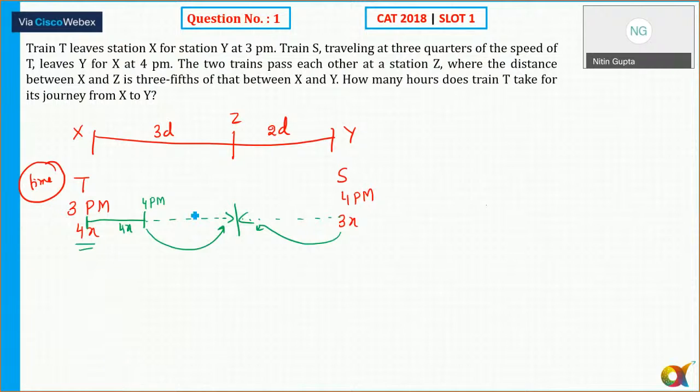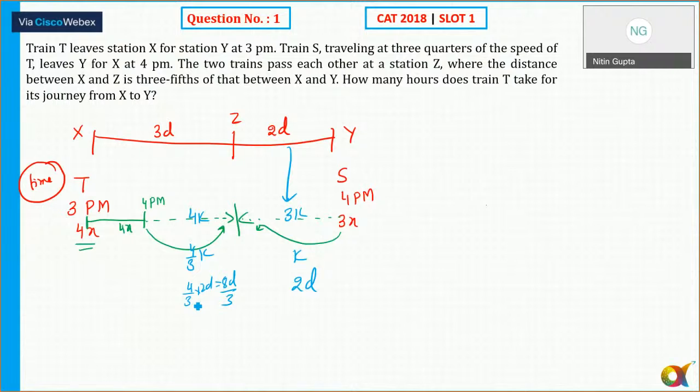So if this distance is 3k, this distance is actually equal to 2d, so it is 4/3k. If this is 2d, this distance must be 4/3 into 2d, which is equal to 8/3d. Is that clear to all of you? So this is equal to 8d/3.